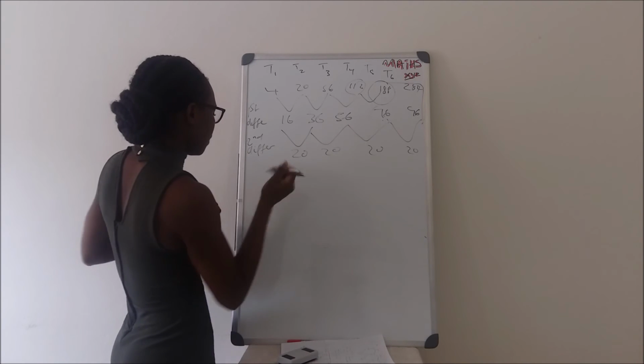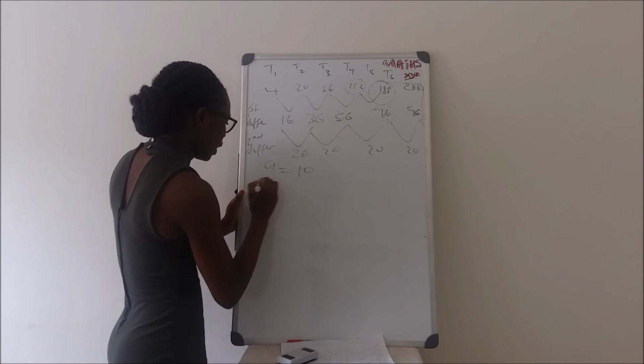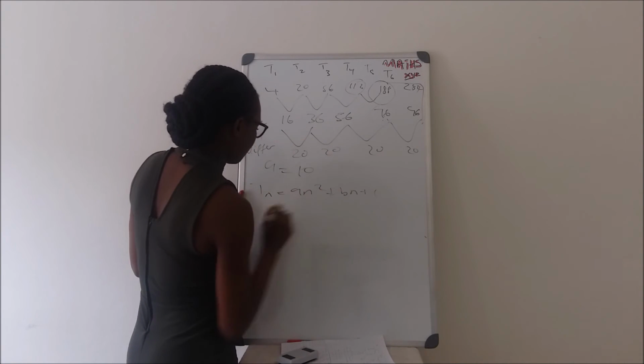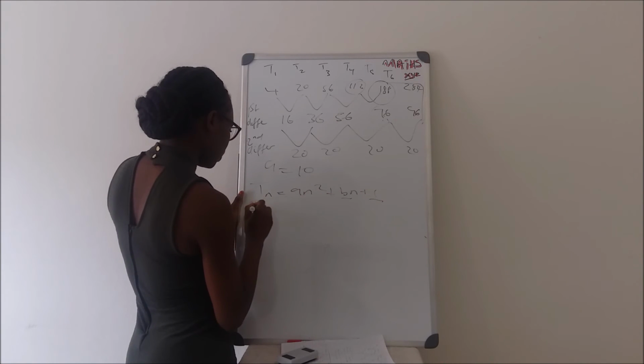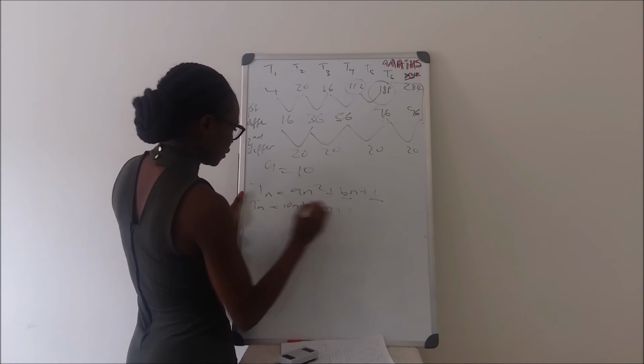All right. Our a we have already calculated. We got 10. So our expression is an squared plus bn plus c. So to get b and c, we have Tn equals 10n squared plus bn plus c.